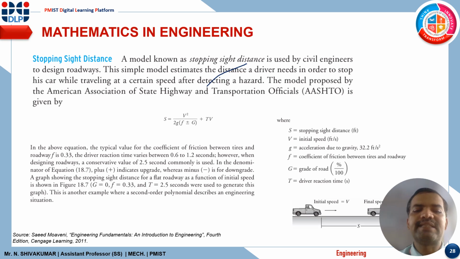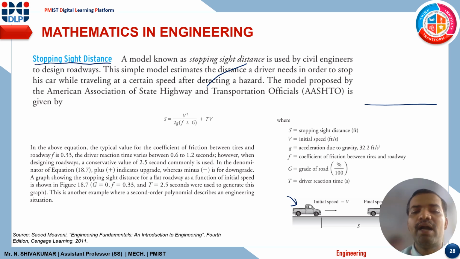Next is stopping sight distance. This is an important one. There are two vehicles moving, vehicle number 1 and another. When some incident is happening and you observe that incident, how much time will it take for you to react? That is the stopping sight distance.